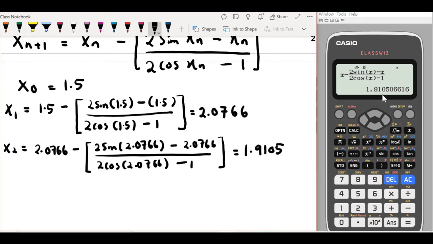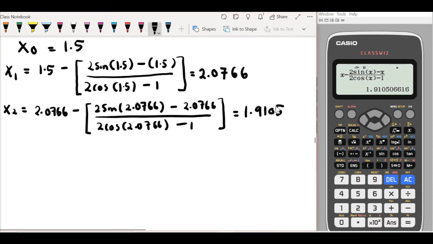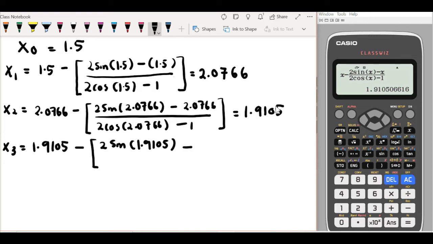Moving on, now repeat the same process. We have to substitute this x into our formula. So x3 would be 1.9105 minus, with 2 sine of 1.9105 minus 1.9105, divided by 2 cos of 1.9105 minus 1.